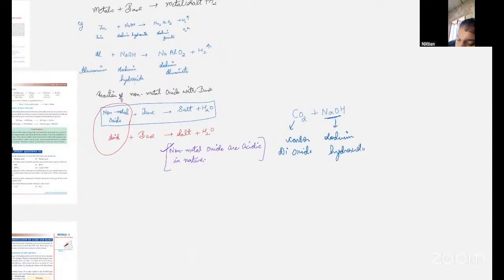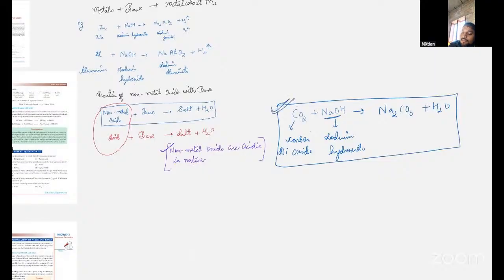So carbon dioxide is a non-metal oxide, and this is NaOH. It will form Na2CO3, which is sodium carbonate, and H2O will release. So this is salt, and this is water.